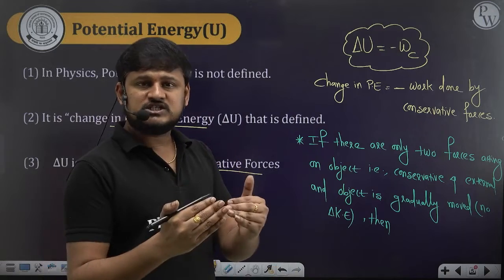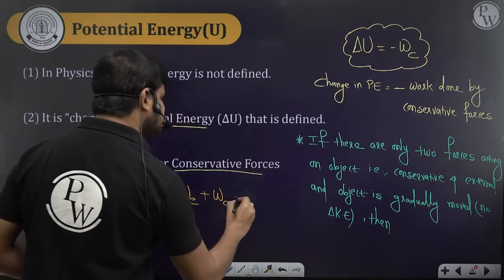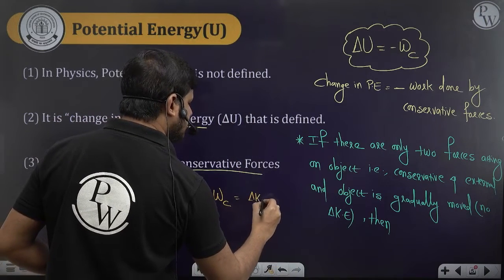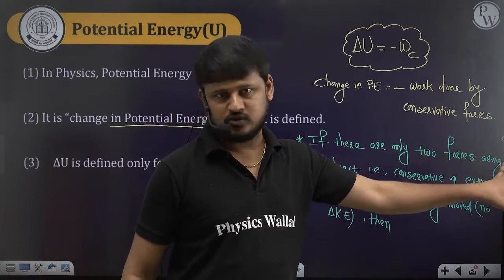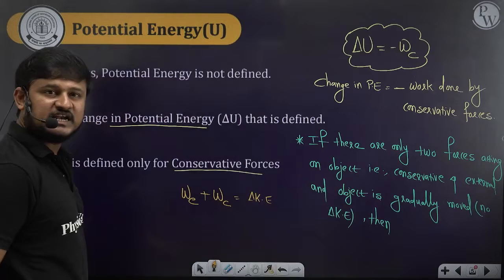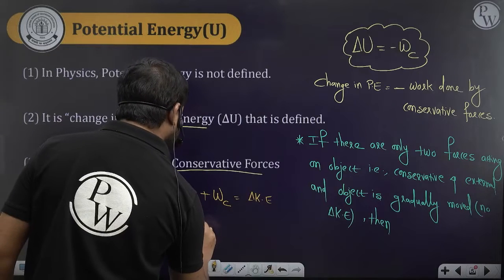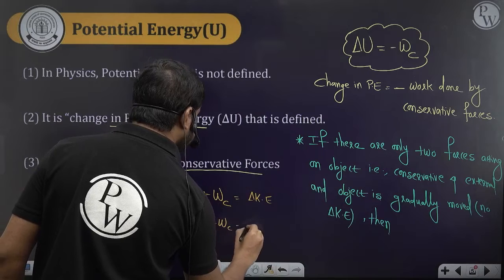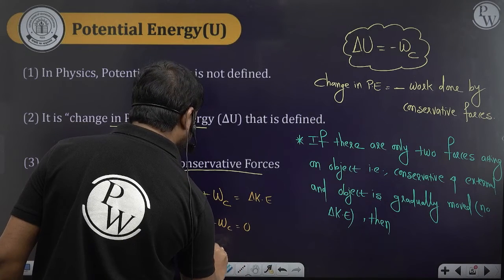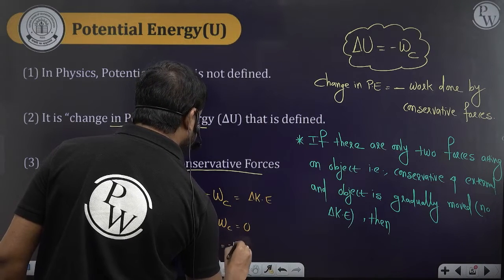According to the work energy theorem, the work done by all the forces is equal to the change in kinetic energy. Now what I am saying is, if the object is gradually moved, then the change in kinetic energy will be 0. So then WE plus WC is equal to 0, so WE is equal to minus WC.